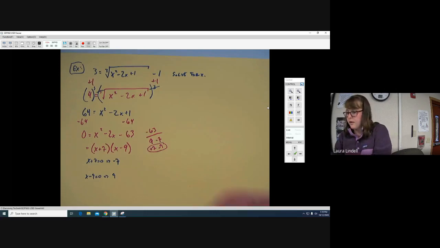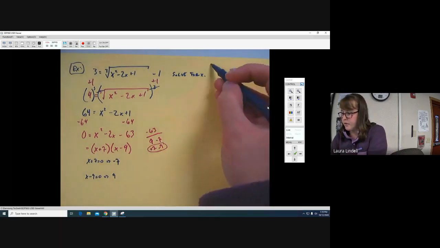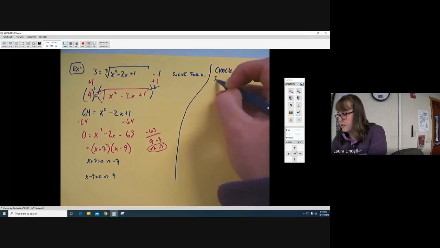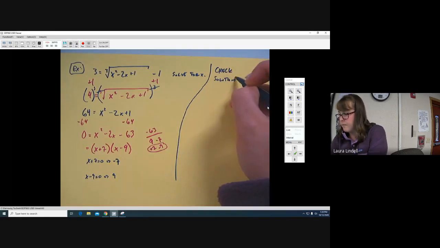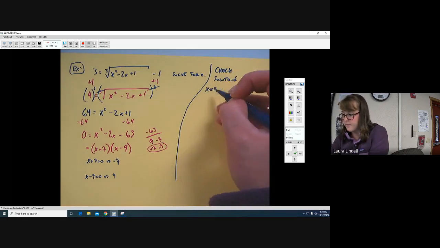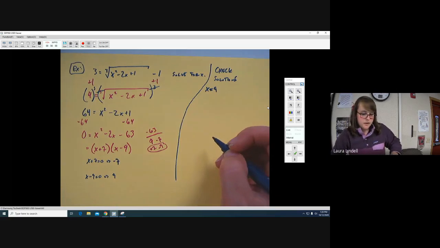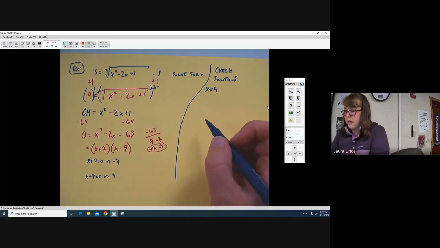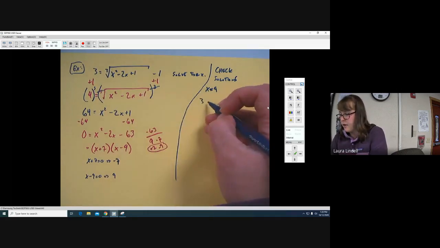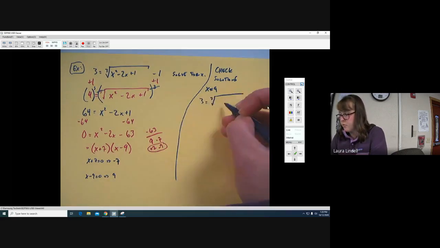So now that we've solved for x, we need to check the solutions. So I'm going to check x equals 9 first. If x equals 9, I'm just going to plug it back into the original equation here. So we're going to have 3 equals the cube root of 9 squared minus 2 times 9 plus 1, minus 1.